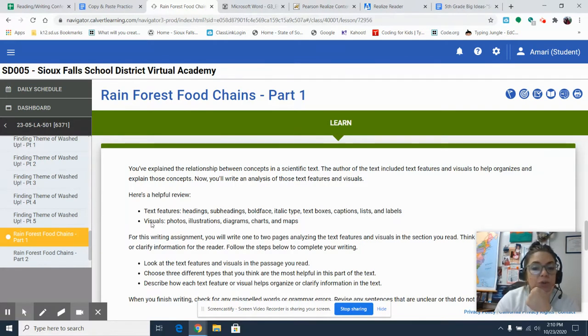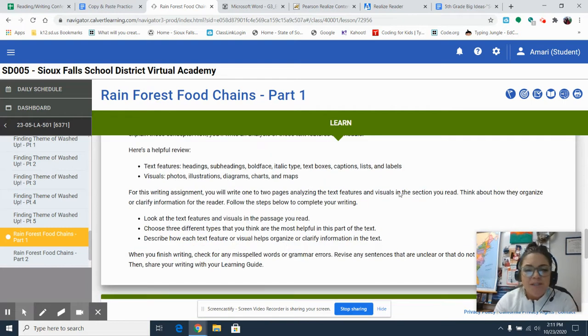And some visuals are photos, illustrations, diagrams, charts, and maps. For this writing assignment, you're going to write 1 to 2 pages, it says. You do not need to write 1 to 2 pages. I would say 3/4 of a page is plenty. And it just says, think about how you'd want to organize or clarify information for the reader.